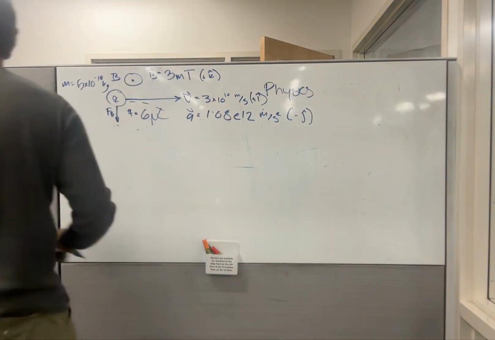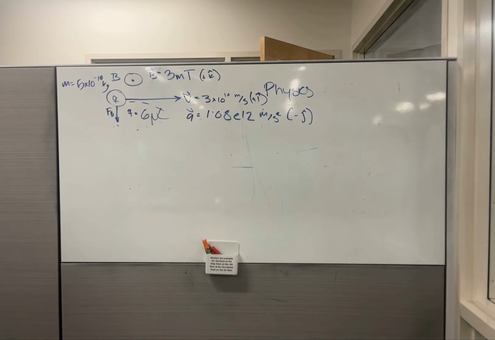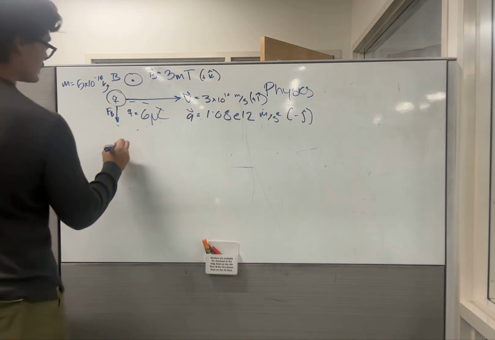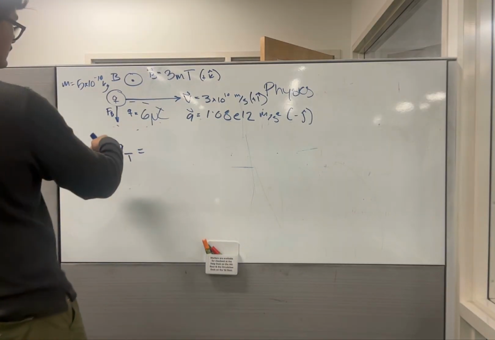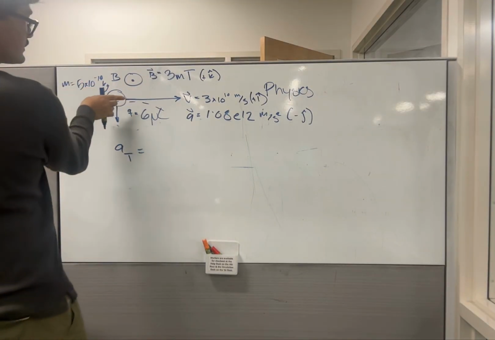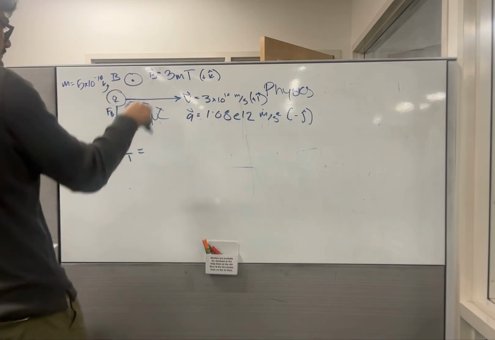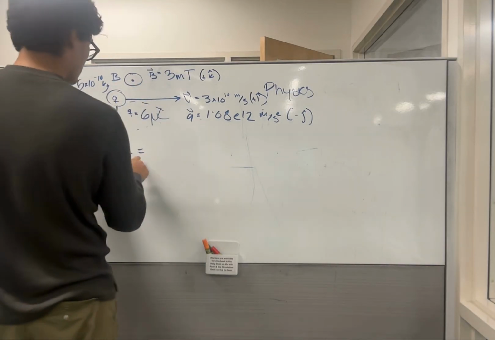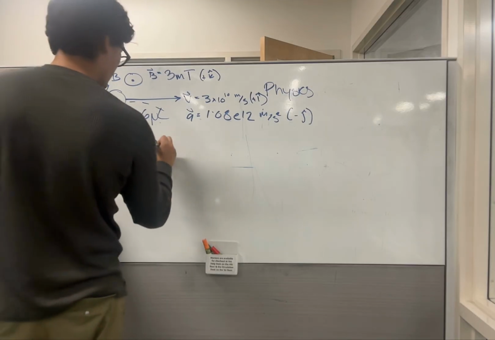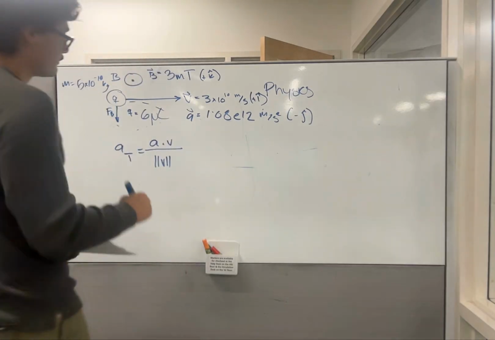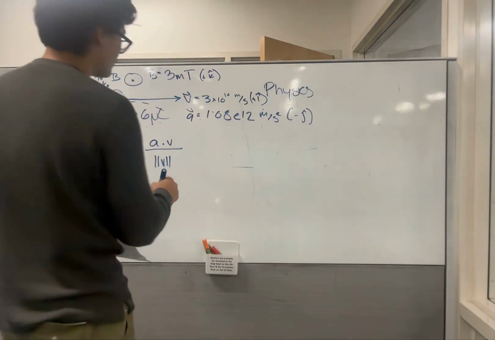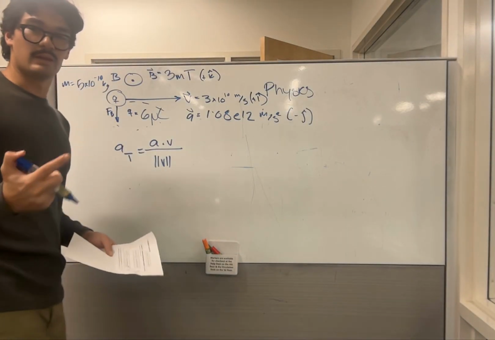So first let's show that the tangential acceleration is equal to 0 because there is no direction component going this way. So this tangential acceleration is defined by the dot product of A and V divided by the magnitude of V. But wait, looking at A and V, the product means that you multiply each of their components.